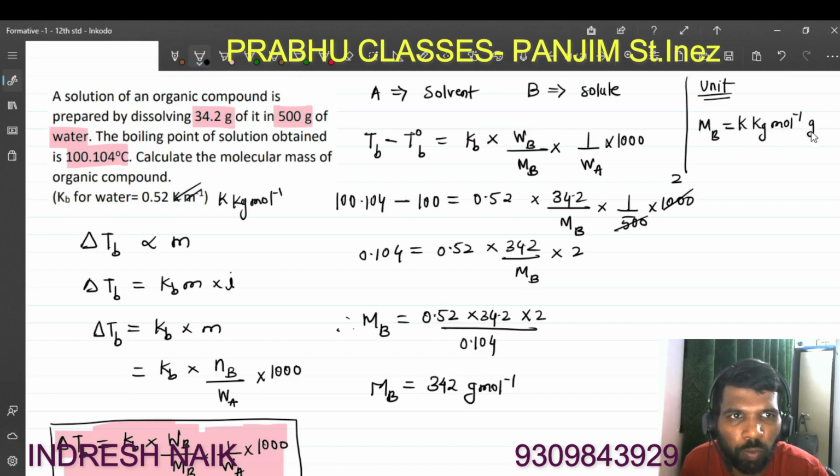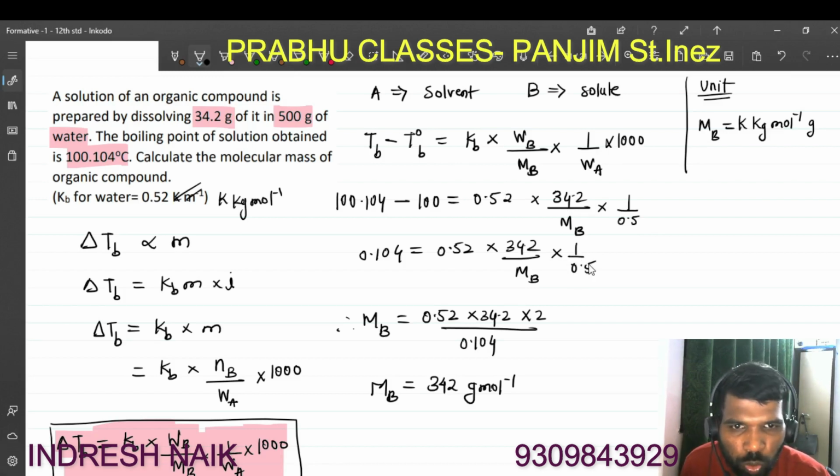And what is the unit of this 2? See, this 2 is actually 1 by 0.5. If I am not writing that 1000, then I shall be writing it directly as 0.5 kg. So 2 is 1 by 0.5, so this 2 could be written this way.